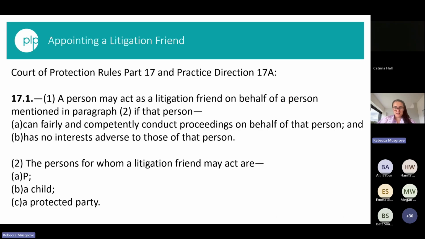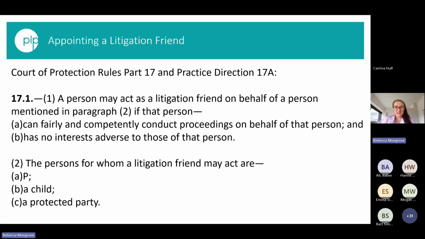So, where do we start with all of this? The starting point is the Court of Protection Rules, Part 17, Practice Direction 17A. All of you will be familiar with this, I've no doubt. A person may act as a litigation friend on behalf of someone mentioned in paragraph 2 if that person can fairly and competently conduct proceedings on behalf of that person and has no interest adverse to those of that person.